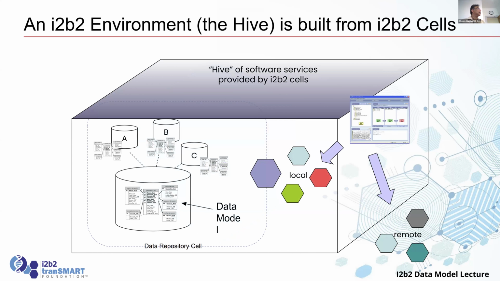So this is basically like I just mentioned earlier. This is the data model with the CRC cell, and then you can have your ontology cell, your workplace cell, and various other cells.